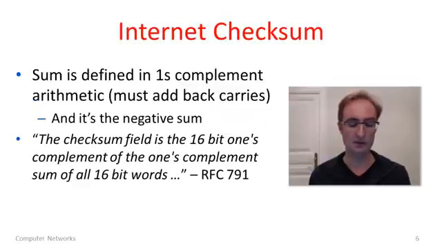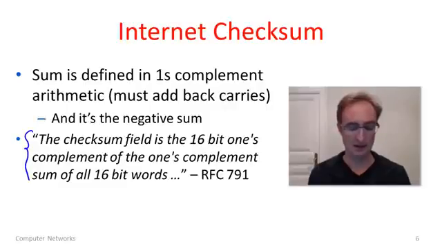I'll give you one specific example, and that is the internet checksum. This is the particular kind of checksum that's used in TCP, IP, UDP, and other internet protocols. Here's the definition of the checksum. The checksum field is a 16-bit ones complement of the ones complement sum of all 16-bit words. Oh my goodness, that sounds very confusing.